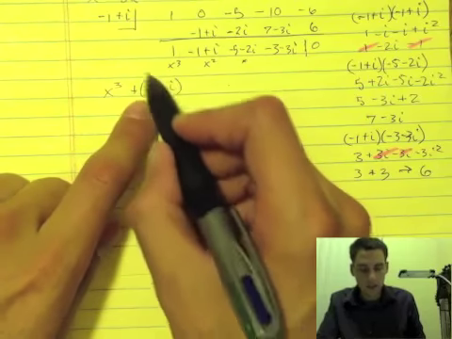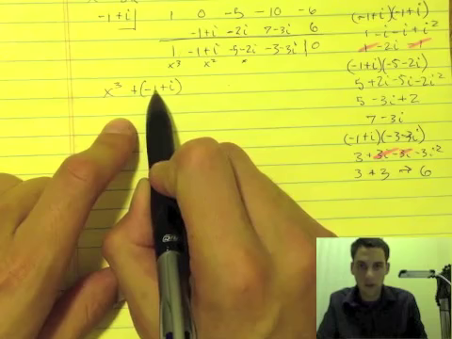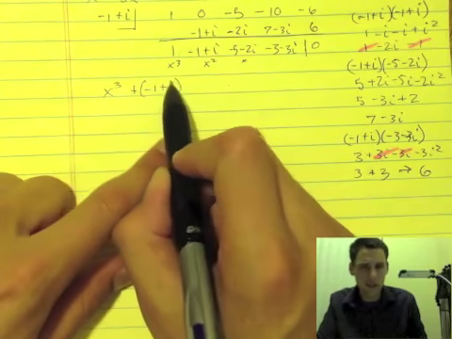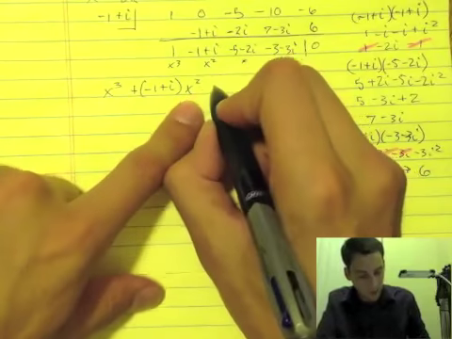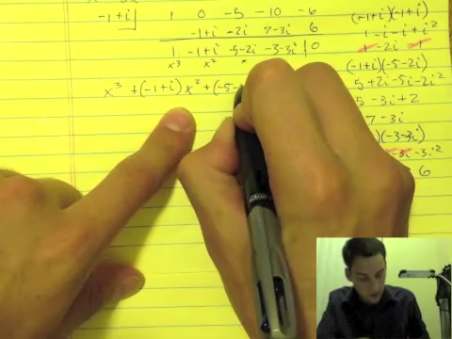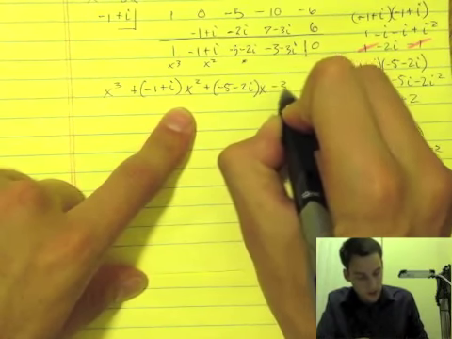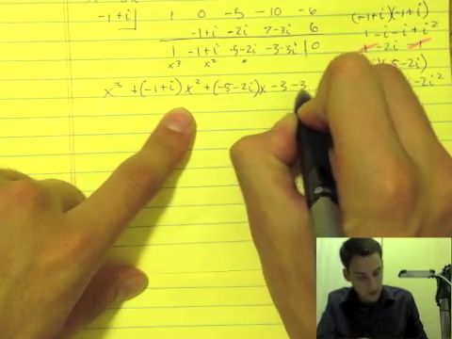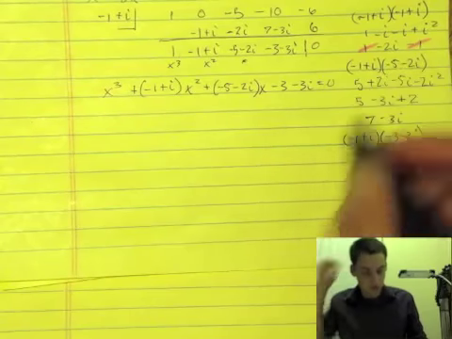You can't do minus and then 1 plus i, because the minus is only for this 1. If we wrote it on the outside, it would get distributed, and we don't want that. So this is the x squared term plus minus 5 minus 2i x minus 3 minus 3i. Okay, so that's our new equation.